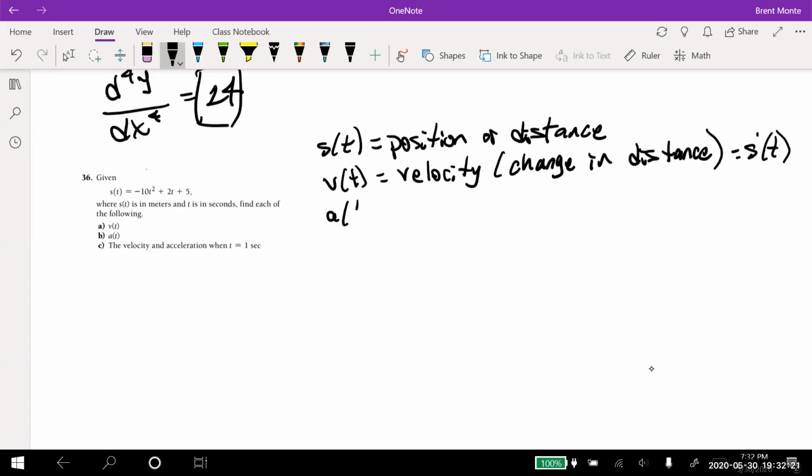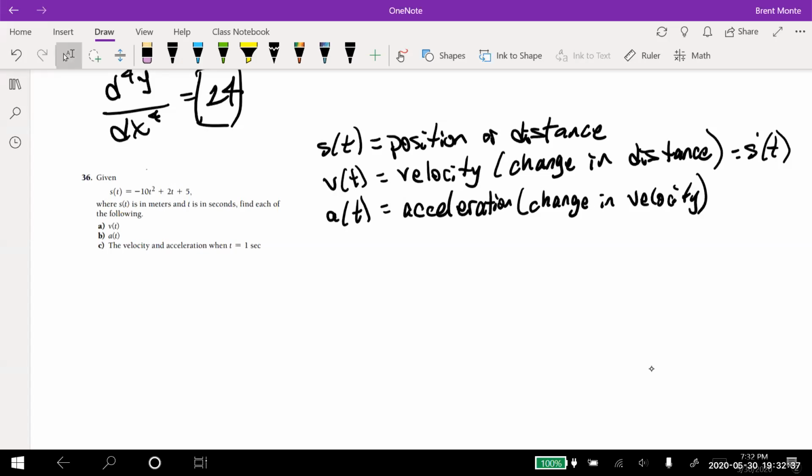A of t is called the acceleration. And that is the rate of change in velocity. Velocity, remember, is your speed. So think about being in a car. Am I increasing how fast I'm going? I'm accelerating. Am I decreasing how fast I'm going? That's deceleration. It's just negative acceleration.